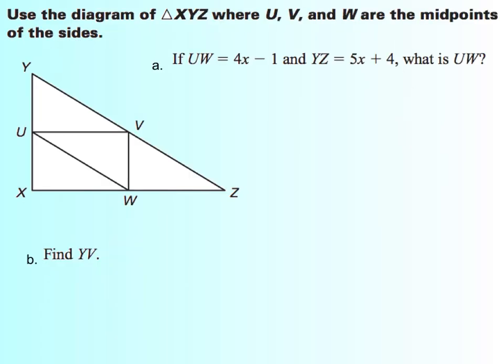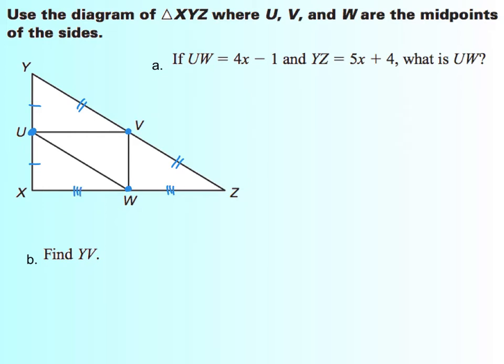All right, here's our next example. We're going to use the diagram of triangle XYZ where U, V, and W are the midpoints of the sides. So what I can say right away is that YU and XU are congruent, YV and ZV are congruent, ZW and XW are also congruent.